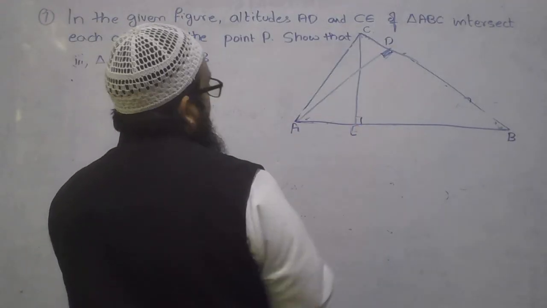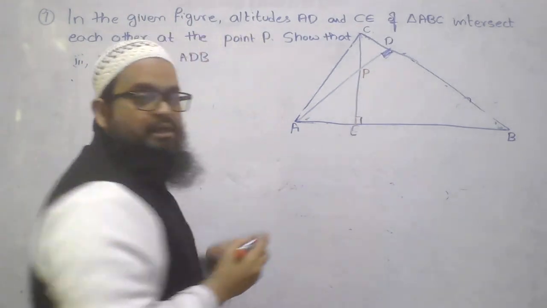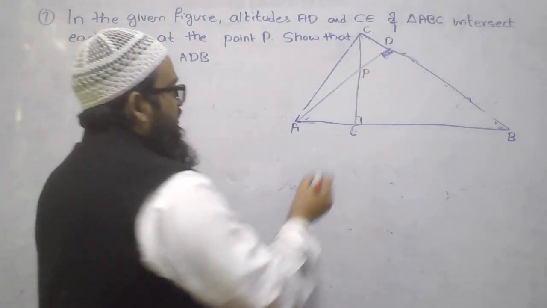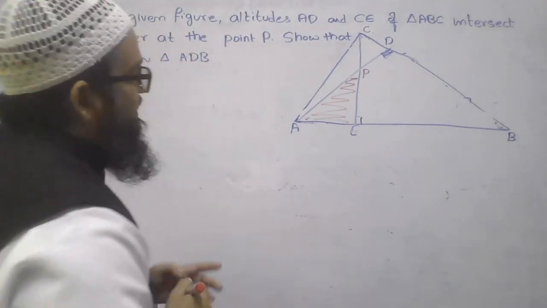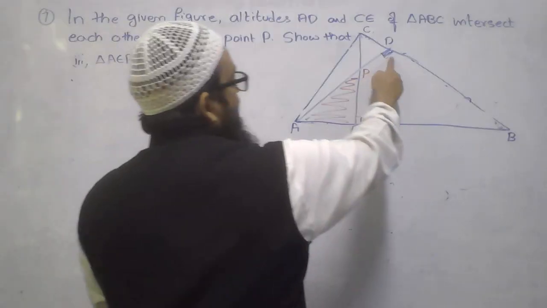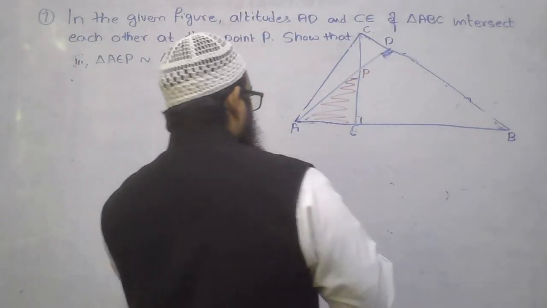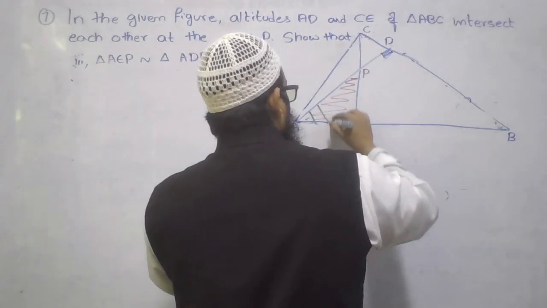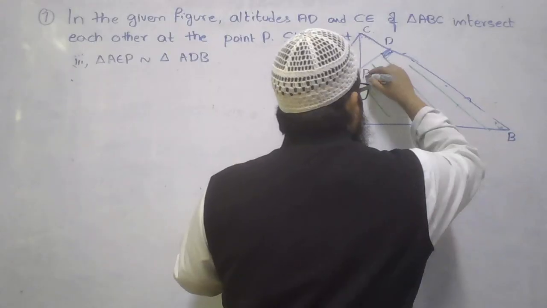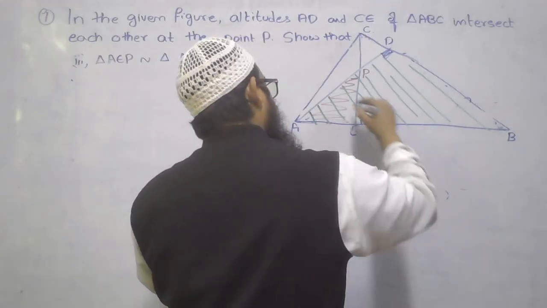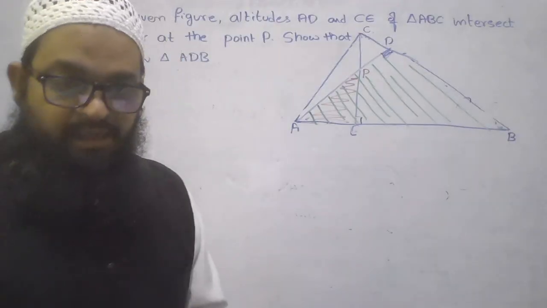Here it is P. So he is talking about AEP, this one, and ADB. Where is ADB? If I highlight it, ADB will be like this. So you see an intersection between red and green.